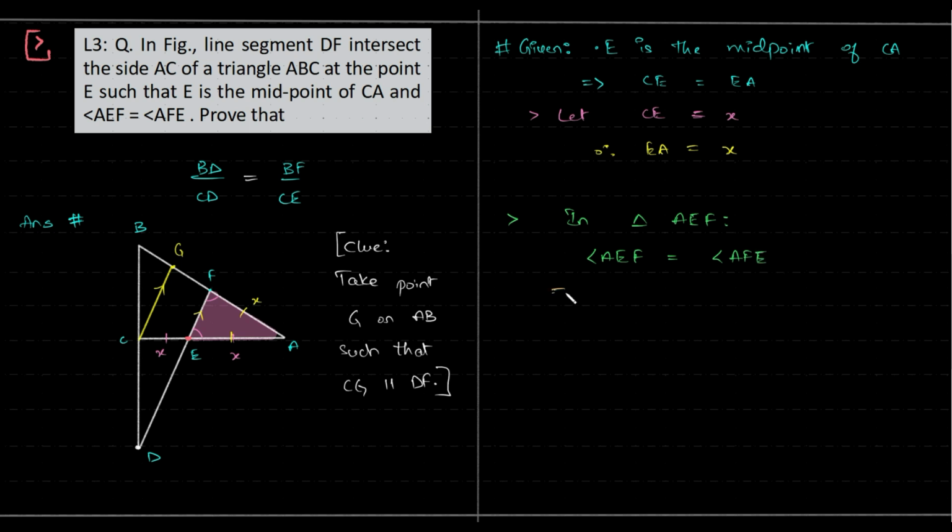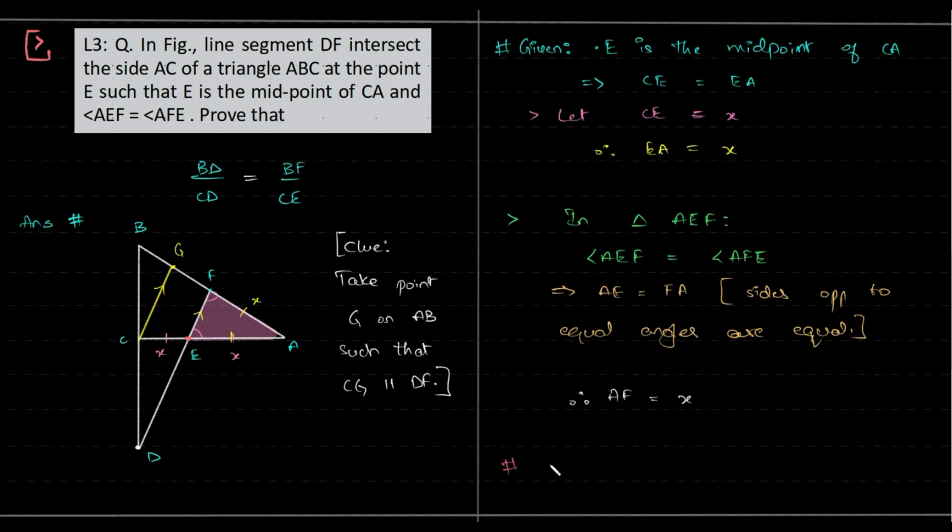So because of this, we can infer that AE is equal to FA, the reason being sides opposite to equal angles are equal. Therefore, AF is also equal to X. Did I write AE is equal to FA? That's correct. So all these are equal.